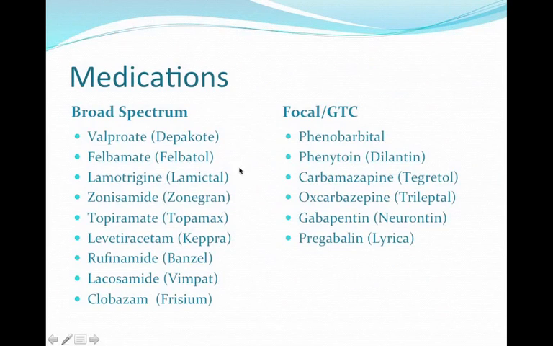And looking at the medicines, there's broad spectrum, and then there's the focal and tonic-clonic. The medicines over on the right, the phenobarbital, phenytoin, carbamazepine, oxcarbazepine, gabapentin, pregabalin, are good for focal seizures, and also the seizures that start in one place and spread to the whole body and cause a tonic-clonic. But they're not great for the tonic seizures, the spasms, the atonic seizures, the atypical absence.